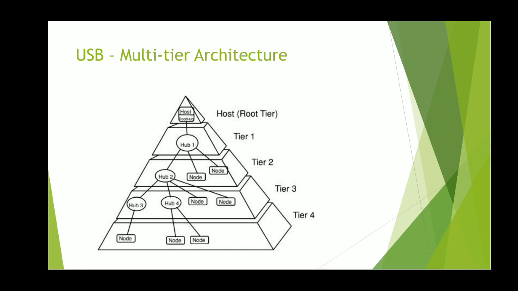Similarly, other nodes and hubs can be connected to a tier 1 hub, and these are called tier 2 hubs and tier 2 nodes. Similarly, it is possible to have up to 7 tiers of nodes and hubs.